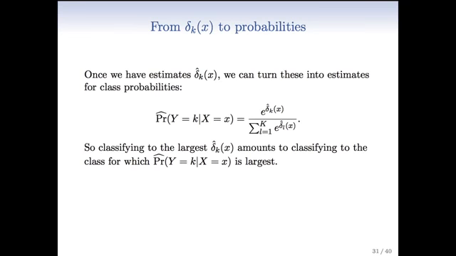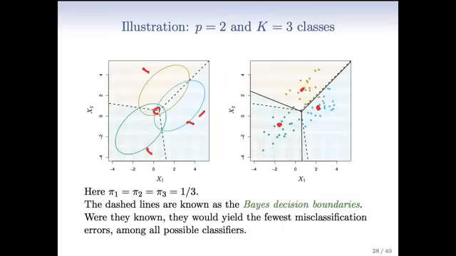We've talked about discriminant functions, which tell you how you classify. But it turns out that you can turn these into probabilities very easily. And here's the expression over here. So remember, we got the discriminant functions by doing a lot of simplification. Well, it turns out that those simplifications and cancellations hold exactly for computing the probabilities. So let's go back to those expressions we had earlier for computing the probabilities.